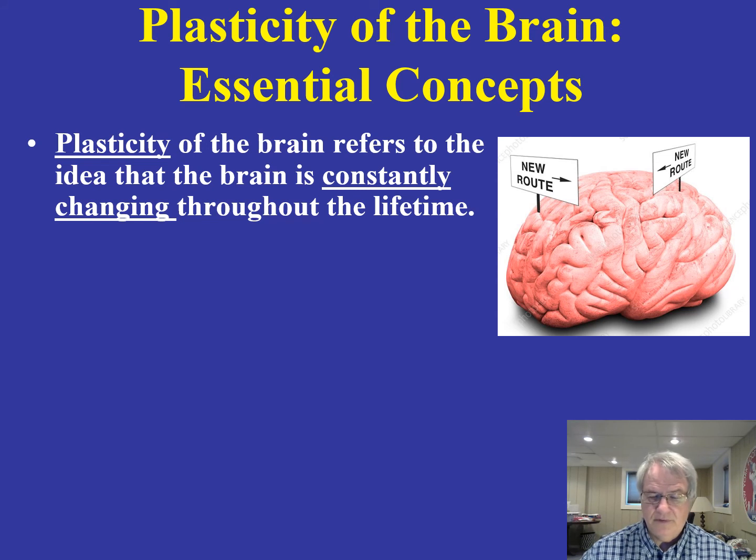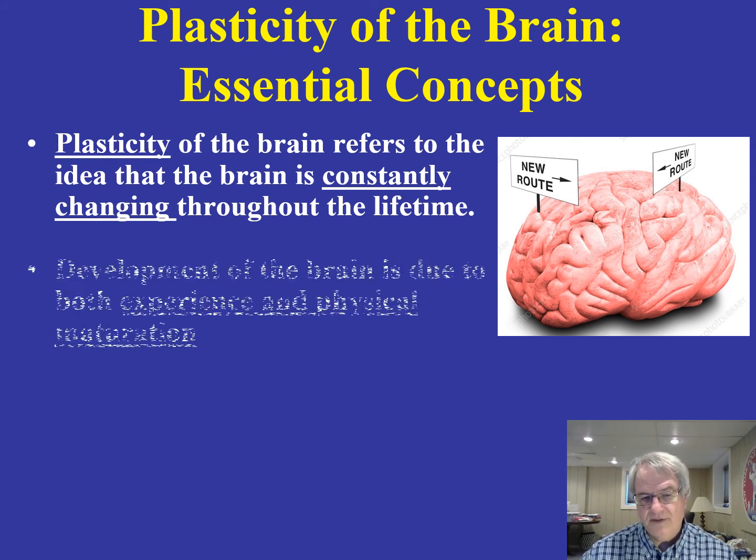And certainly there's an awful lot of change occurring during early life, but there are also changes occurring during later life. So indeed, this concept of plasticity, that is of the constant change that is taking place in the brain throughout the lifetime of the individual, is crucial in this area.